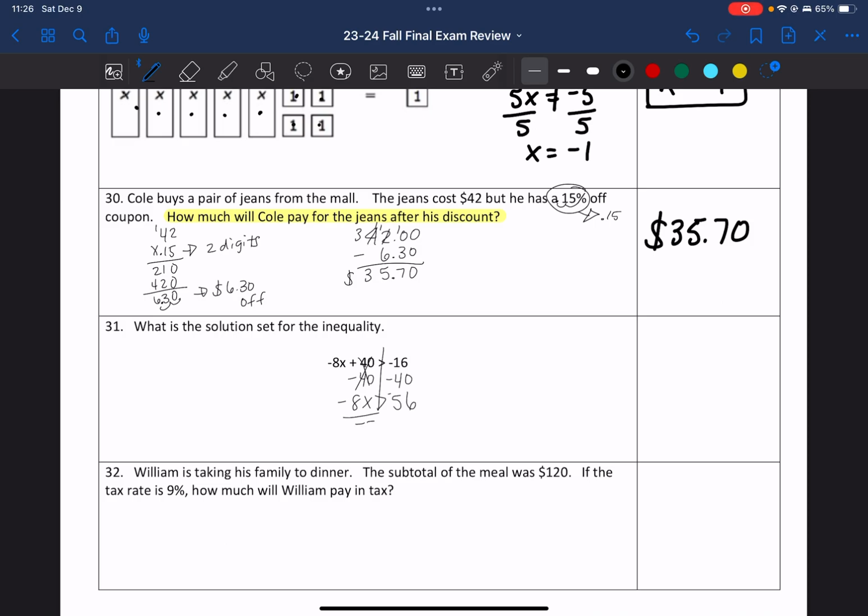Now we're going to divide by a negative 8. And what we get is a positive 7. However, because we divided by a negative coefficient, that symbol is going to change. It's going to flip, and we're going to have a positive 7. So here we have x is less than 7.